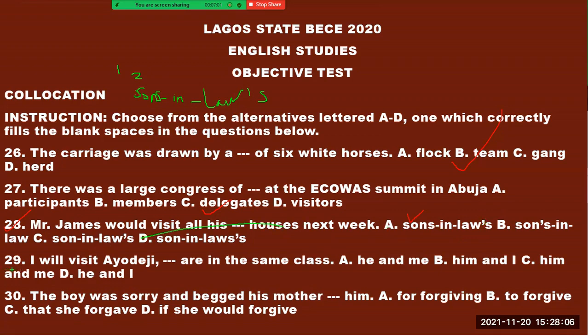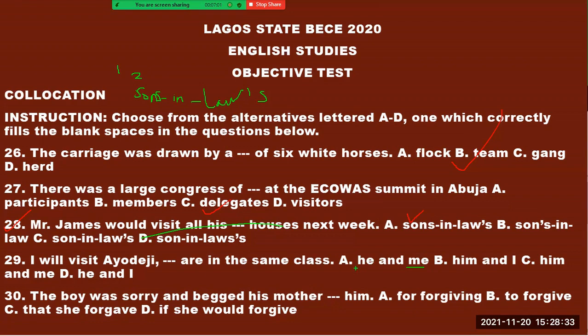Question number 29, I will visit Ayodeji dash are in the same class. A, he and me, no, this is not correct because me is the objective pronoun and cannot be used as a subject in the subjective position.